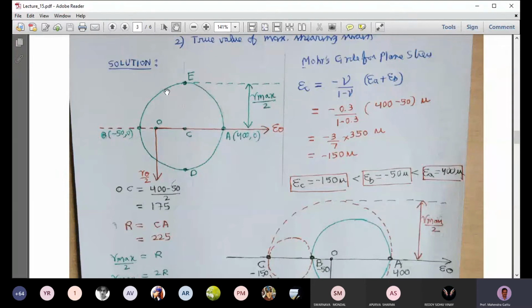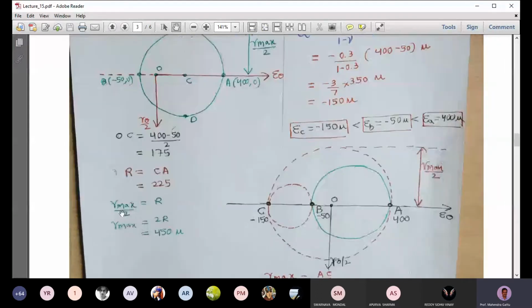With C as the center, we draw a circle passing through B and A, and the maximum shear strains occur at D and E. This value is gamma max by 2. Half of the maximum shear strain is the radius, so the maximum shear strain will be twice the radius, which is 450 microns.